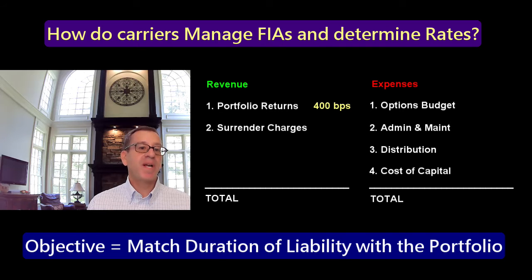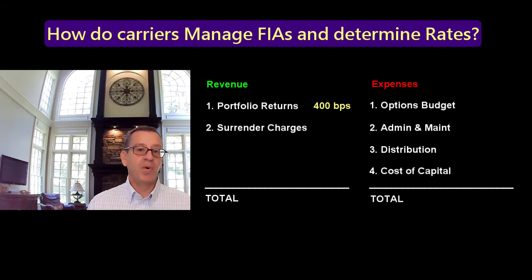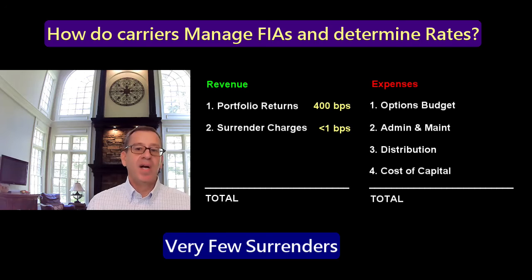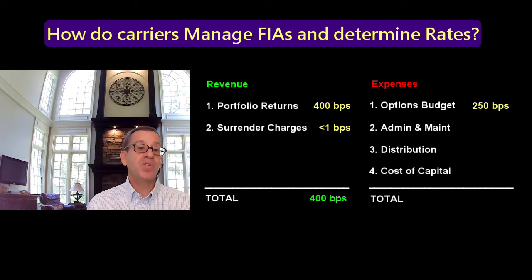And the insurer expects little additional revenue from early surrender gains because the surrender charges in the contract are relatively high and few surrender. Let's also assume that the insurer carves off 2.5% out of the 4% net earn rate to pay for the credited rate strategy that the policyholder selected.